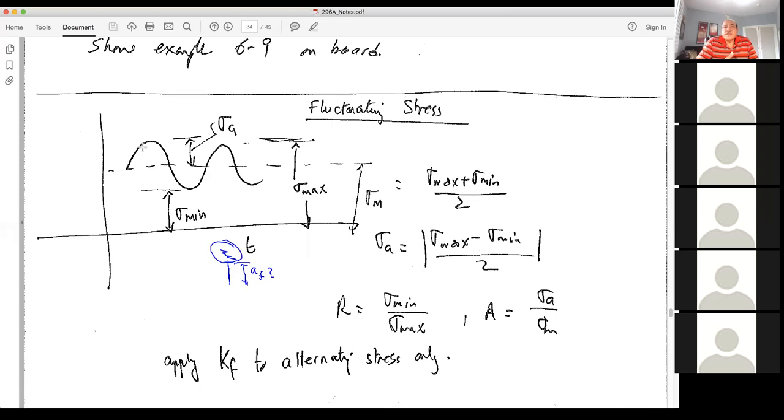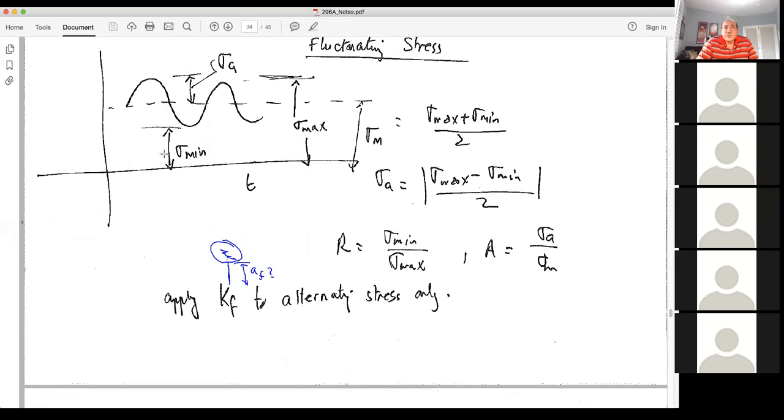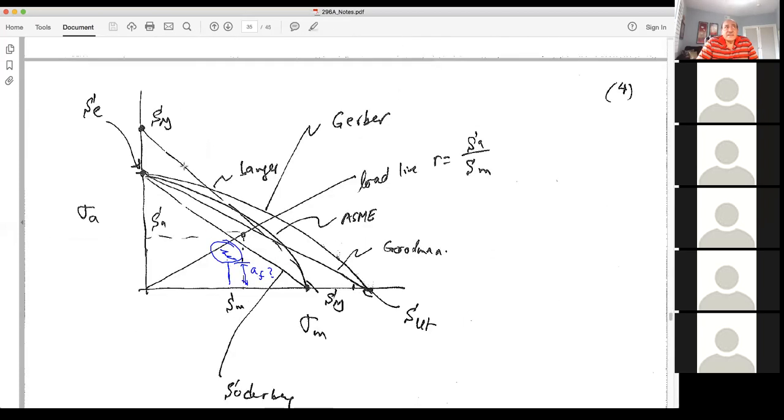So there's one more constraint on the problem, and that is to use a line called the Langer line. And the Langer line is here. It goes from S yield to S yield. It means that the sum of the alternating and the mean shall not exceed yield at any point.